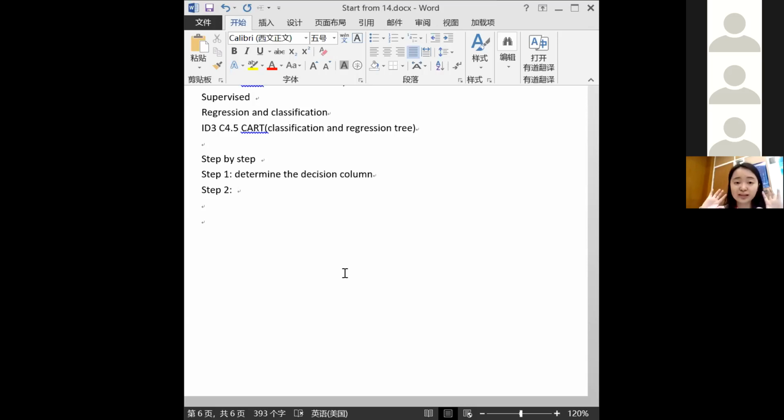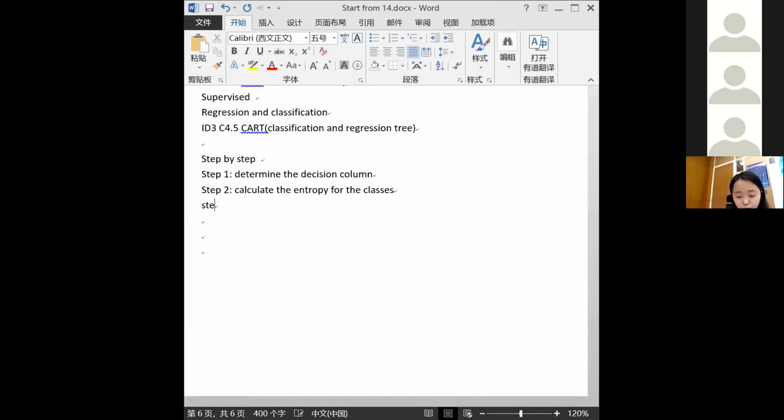So we need to calculate, for example, the entropy for the classes, the entropy for all these classes, and then we need to calculate the information gain for each split.